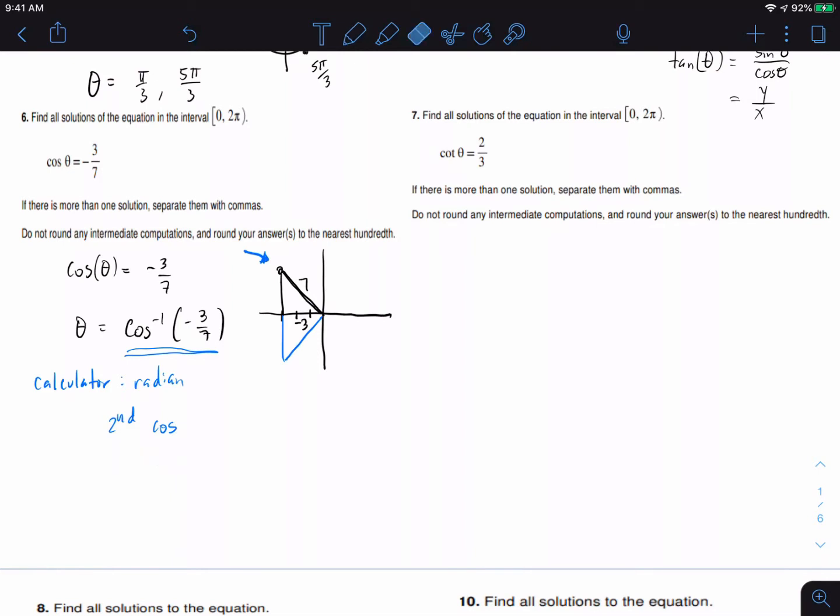Just write it all as one piece. Okay, so when you do that, second cosine, and then a -3 divided by 7, I'm going to get an answer of 2.013707371. Were you guys able to get that on your calculator?